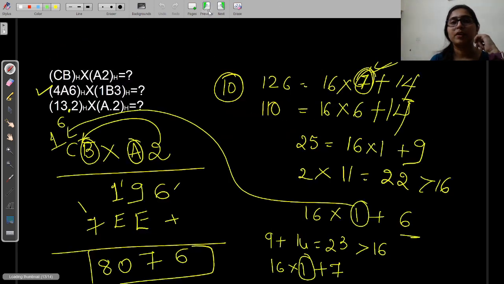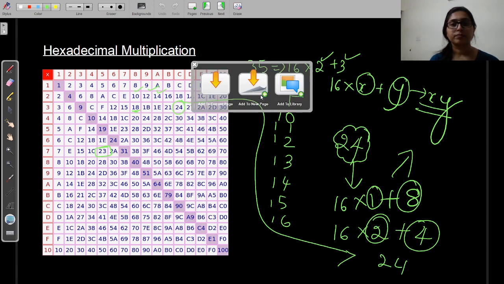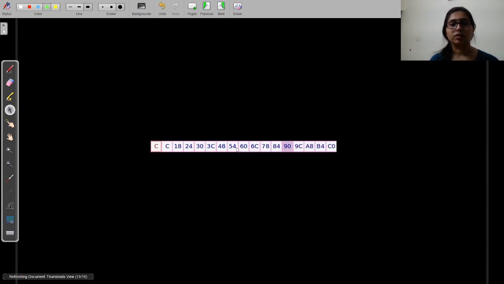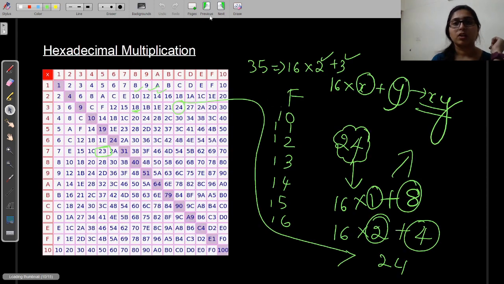Okay. We will take the multiplication table from here so that it will be easier for us. You have to solve it. See, this is 10. 84.